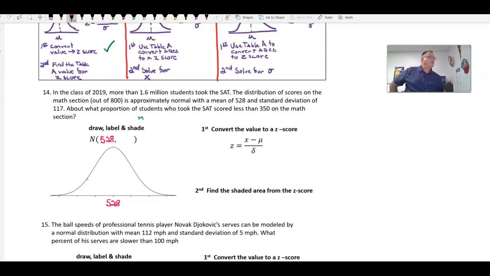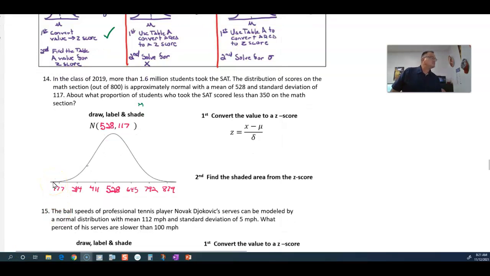Okay, and then the standard deviation is 117. So each one of those marks, I add 117 to 528 and I subtract it to get both sides, to fill out my curve. Okay, so I'll do that.